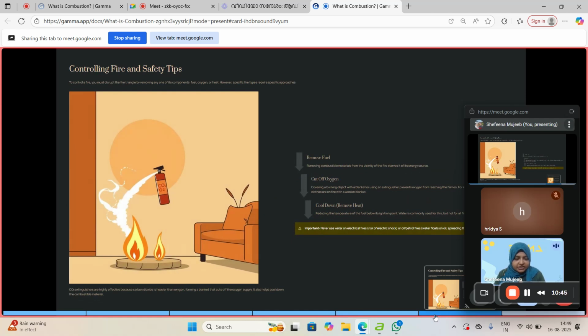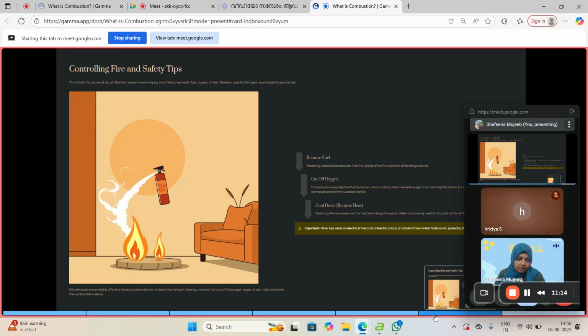Controlling fire and safety tips. From this picture you can see that this is a fire extinguisher. We can see this in our schools, offices, hospitals, and if we are living in a flat or an apartment, it is a usual sight in every building. This is an important factor because this is the fire extinguisher.